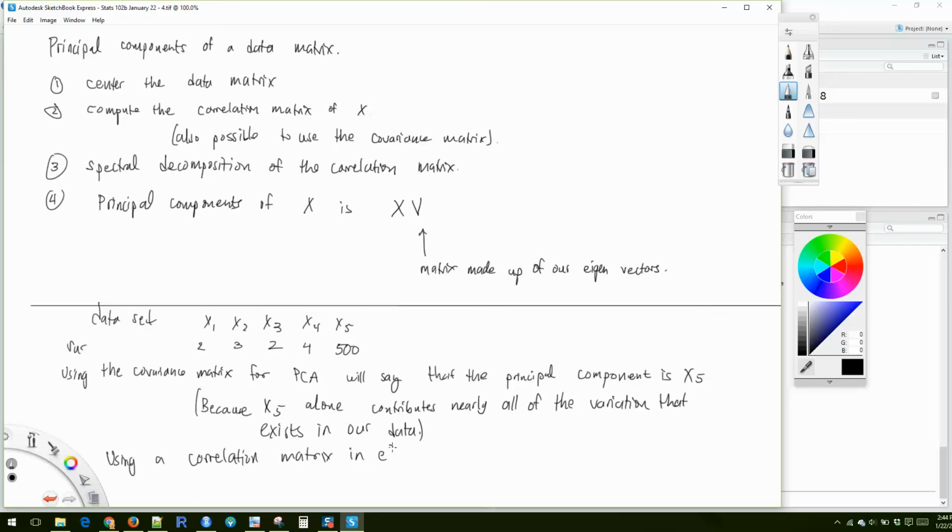In effect, it standardizes our data and puts them on the same scale.